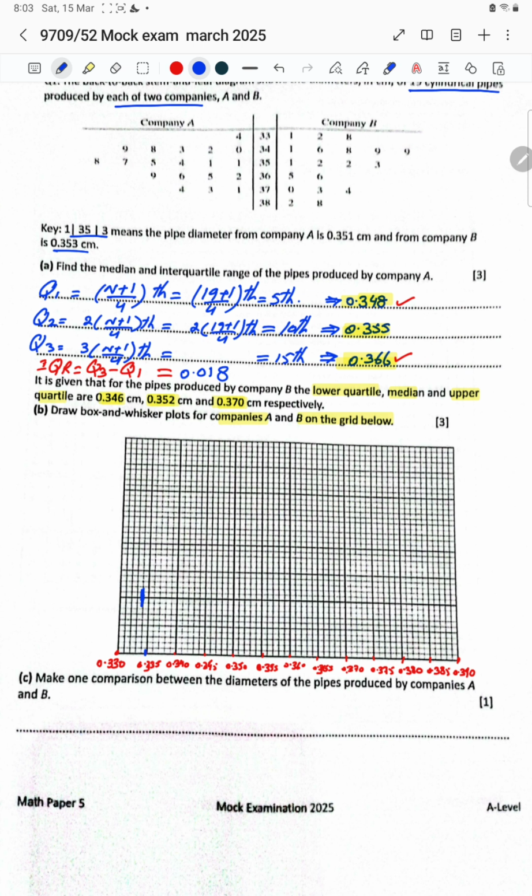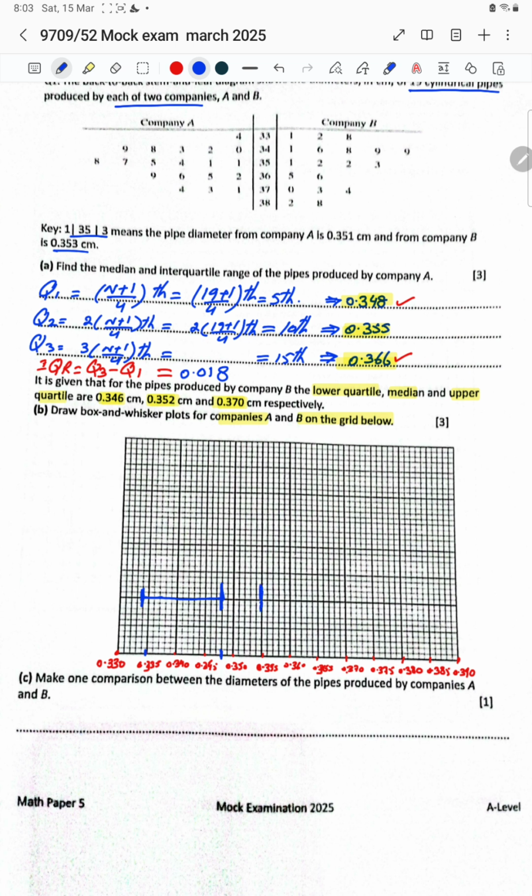Its lower quartile is 0.348, between 0.345 and 0.350, so 0.348 will be here. I will make a rectangle, as you know the rule. This is Q1 for company A, and the median is 0.355, exactly here.